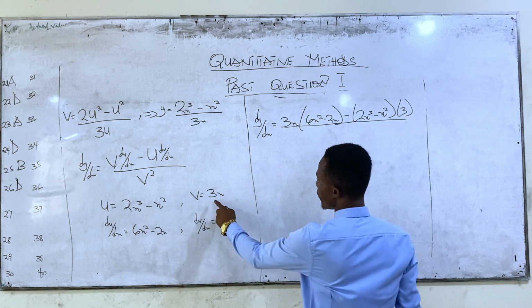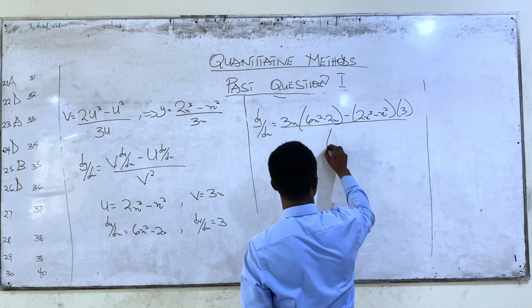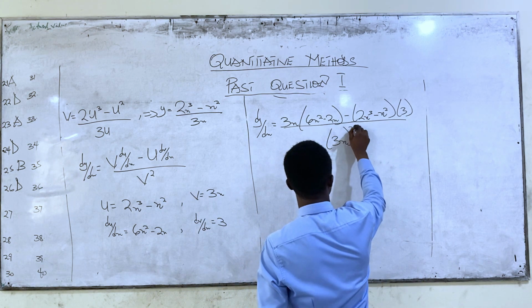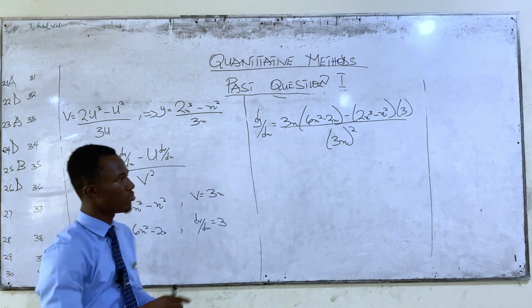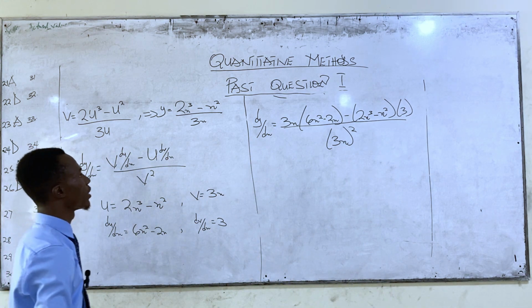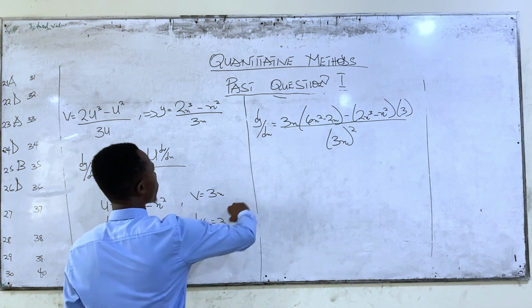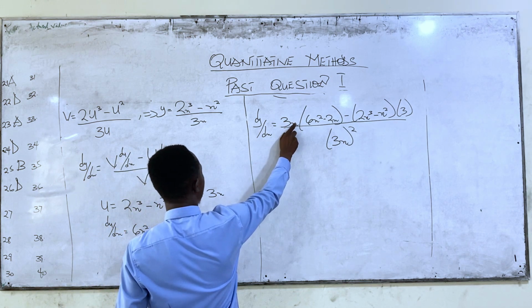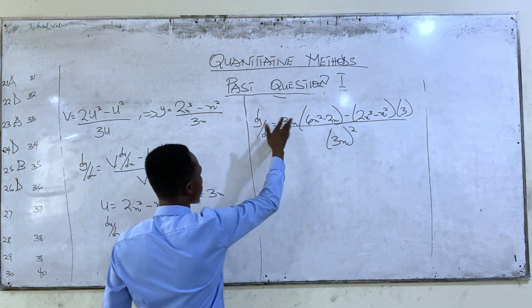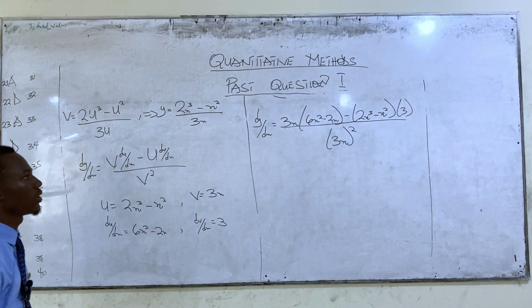Then all over v squared, so 3x all squared. Now it's very simple. Otherwise, you'll be seeing u and a whole lot, instead of x. So let's use this approach.